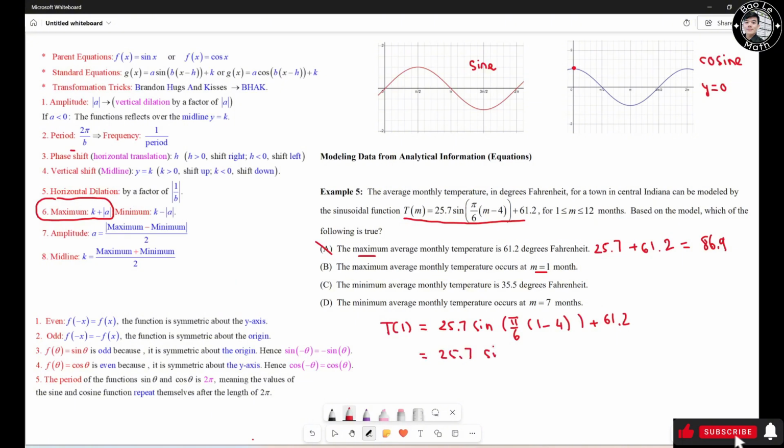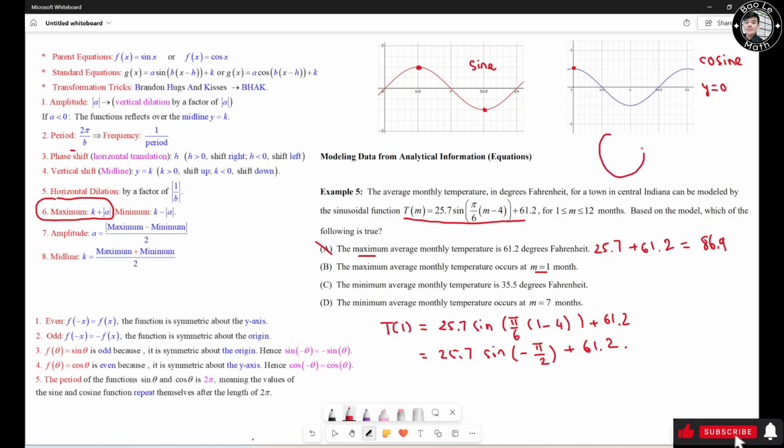Now 1 minus 4 is negative 3, and negative 3 times pi over 6 is negative pi over 2, right? Plus 61.2. Now since this is a sine function, the maximum is always at pi over 2, and the minimum is always at 3 pi over 2. Now 3 pi over 2 is the same thing as negative pi over 2.